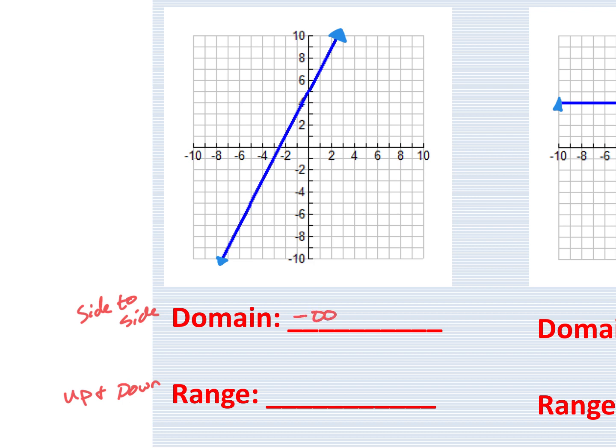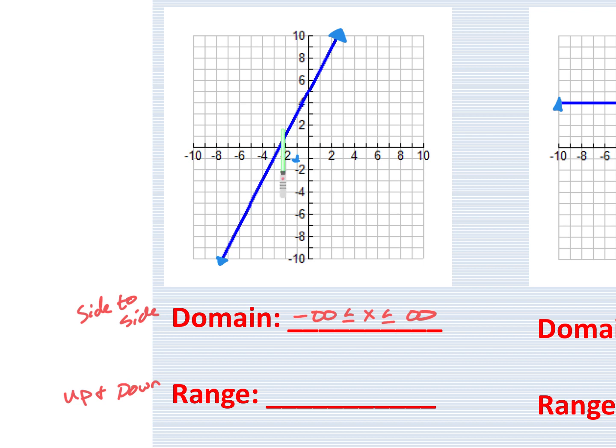It is negative infinity is less than or equal to x, which is less than or equal to positive infinity. That's because it never stops. It continues on forever and ever. Every number is possible for your domain. Okay?